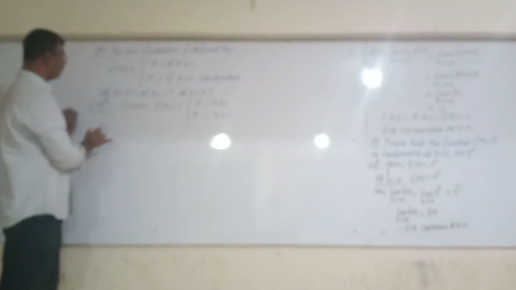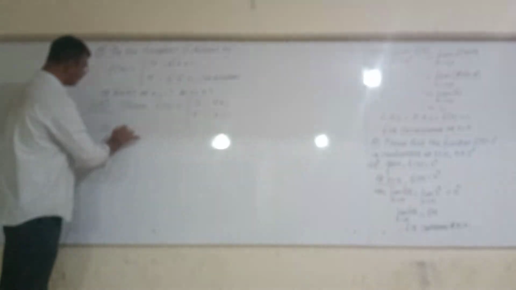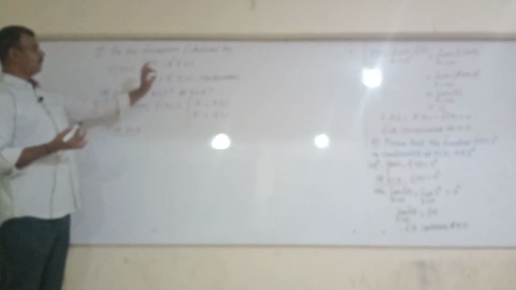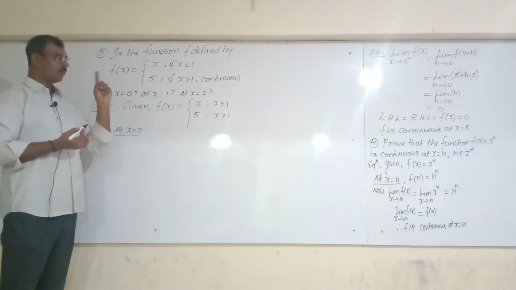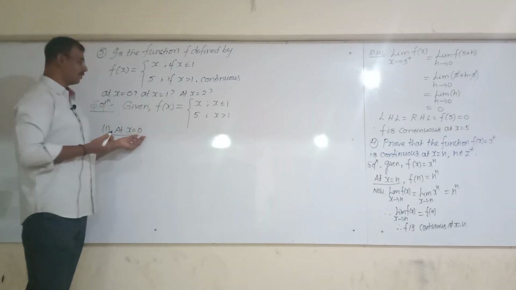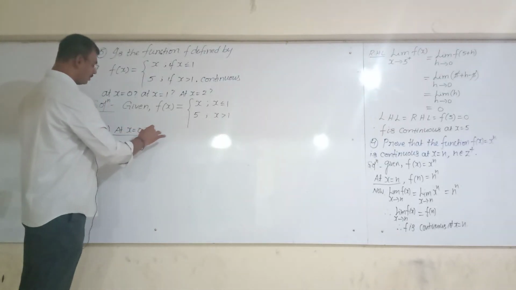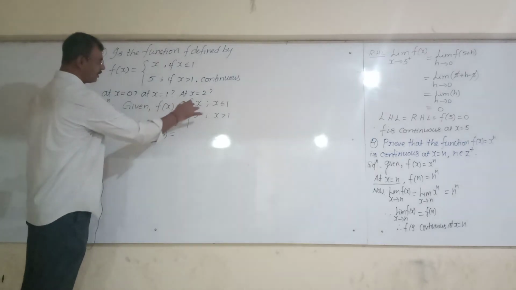Now the first part, where we have to examine at what point? At x is equal to 0. At 0 we do not have any breaking conditions. We have only one condition, that is x. At x is equal to 0, the function is x only. So f of 0 is 0.